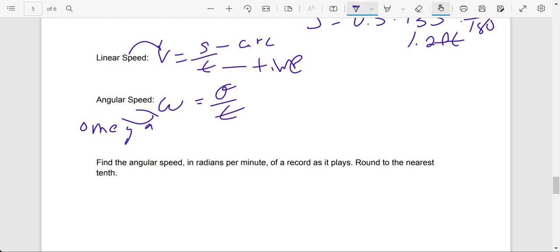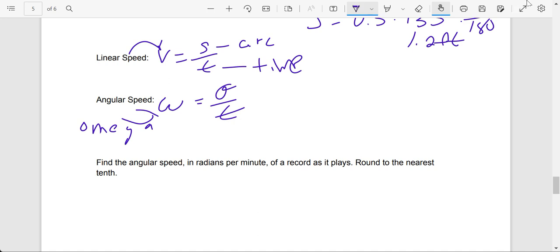Let's do an example together. Find the angular speed in radians per minute of a record as it plays. Round to the nearest tenth.